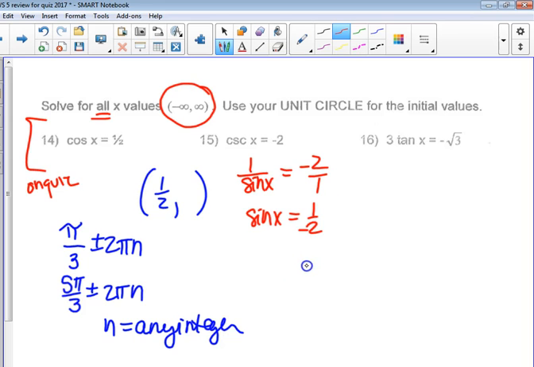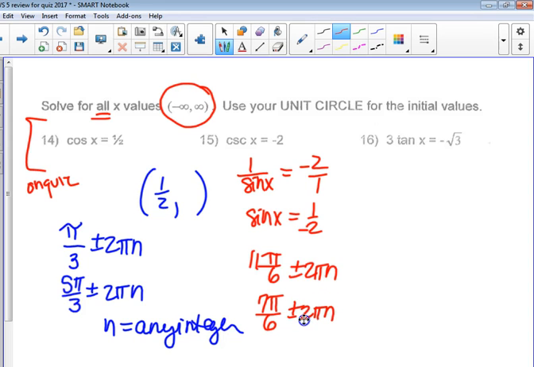Okay. 11 pi over 6, and you could call that one negative pi over 6. It's the same as 11 pi over 6. And then because it's sine, we're still adding 2 pi.